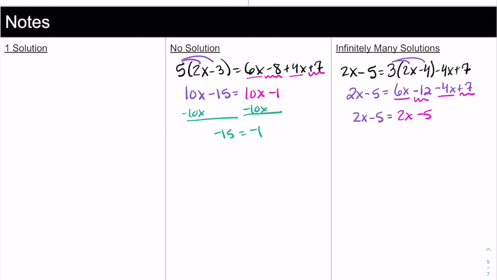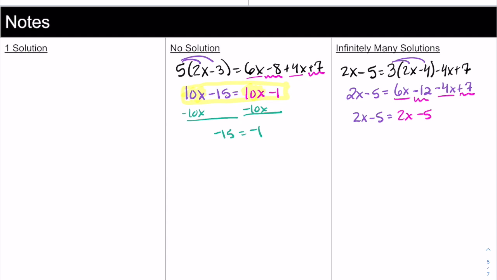If we're thinking about our scale, it is not balanced. Negative 15 is not equal to negative 1. So in a situation like this, it's impossible to find a value that can balance the scales. And if we go back up to this line, the 10x are the exact same value.